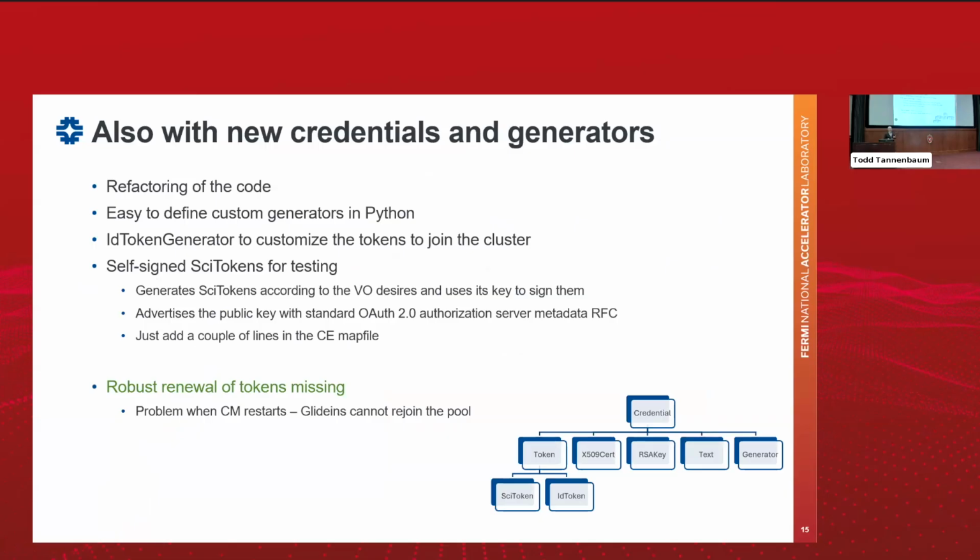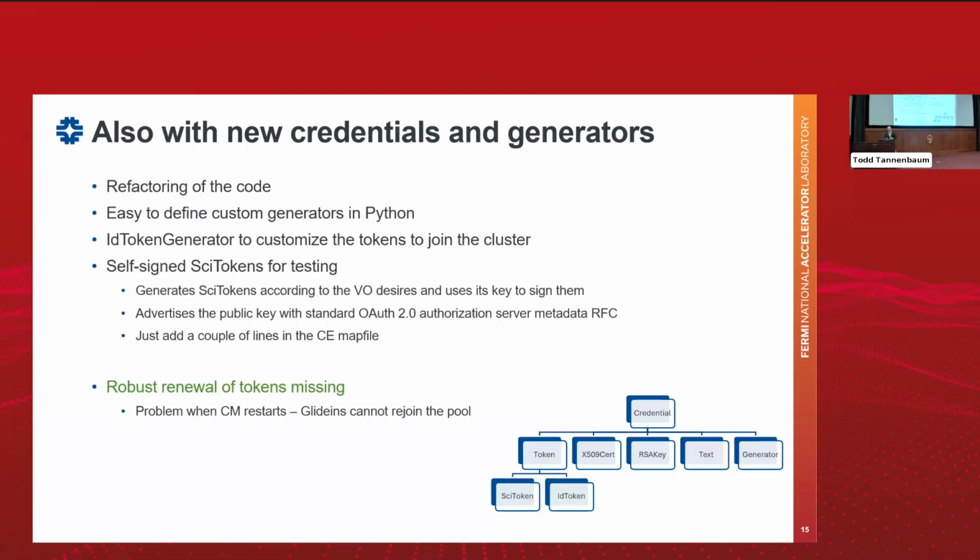With the refactoring, with the upgrade, we did also refactor improvement of the code quality. And now it's easier to specify also generators for credentials. ID tokens that are used for the Glidein to join the cluster can be customized, right?